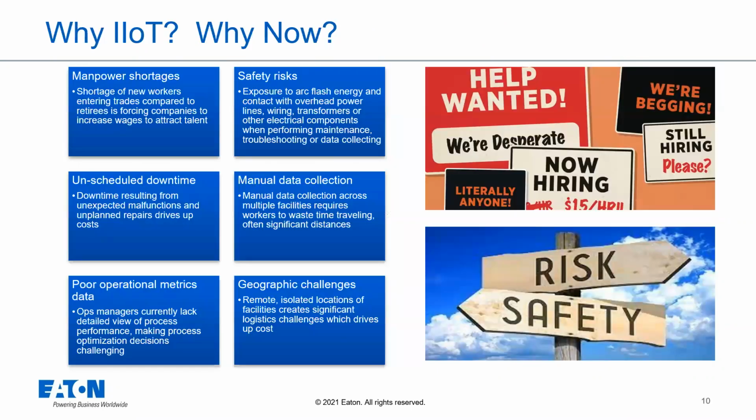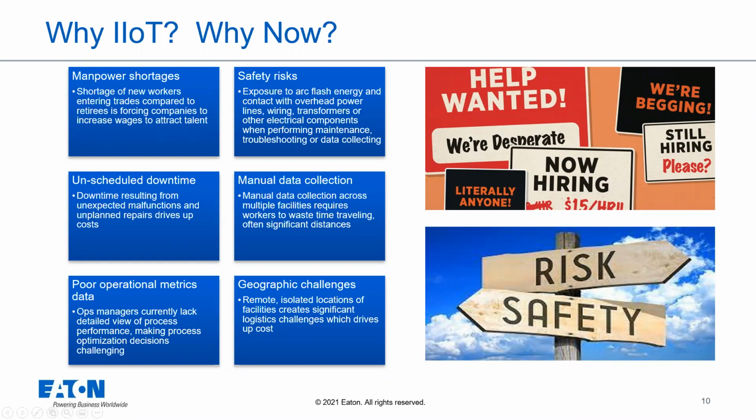All right. So, why IoT? Why now? Well, unless you've been living under a rock, you've been watching the news, and I put this little thing right here where it says "help wanted" all over the place. We're begging. That goes back to manpower shortages, right? We have a shortage of new workers entering the trades, or actually at this point, entering anything.